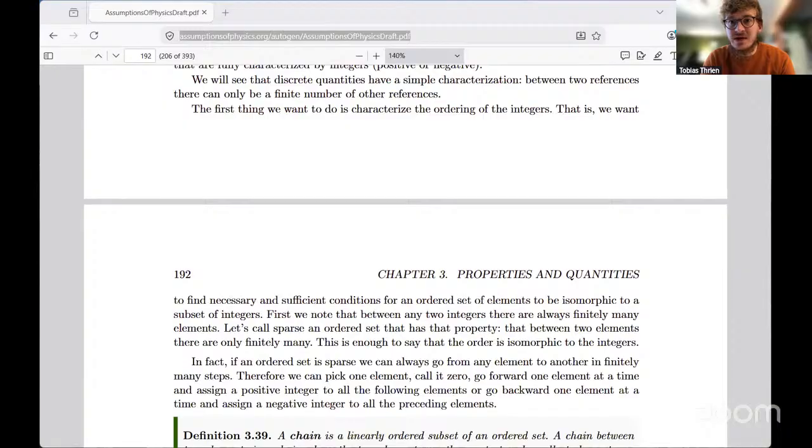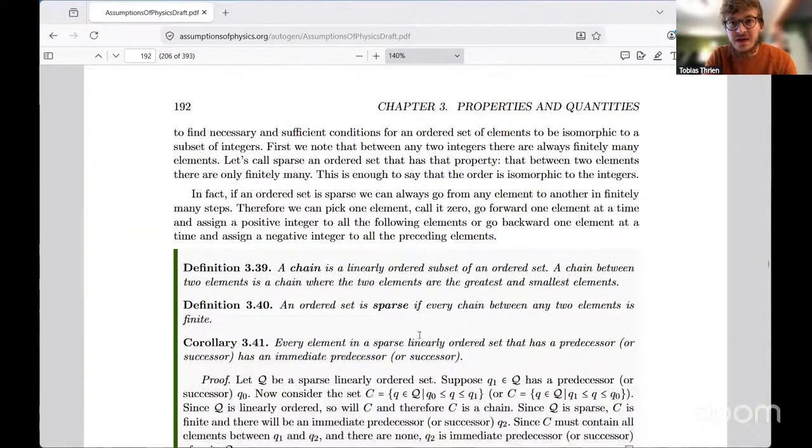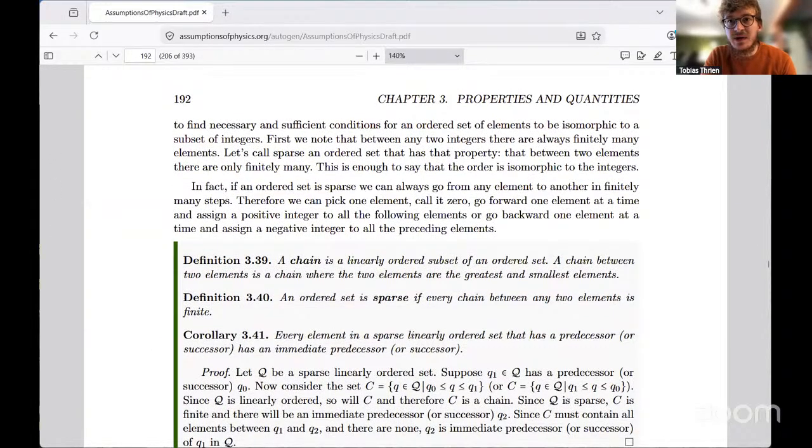This is enough to say that the order is isomorphic to the integers. In fact, if an ordered set is sparse, we can always go from any element to another in finitely many steps. Therefore, we can pick one element, call it 0, go forward one element at a time, and assign a positive integer to all the following elements, or go backward one element at a time and assign a negative integer to all the preceding elements.